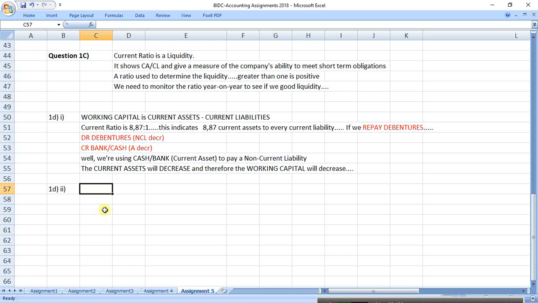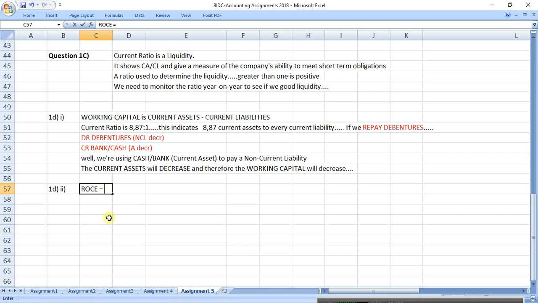Got that. Okay. Next bit of theory. Discuss the effect of this course of action on the return on capital employed. We need the formula for that. Can you pass me the textbook? Or you can look at your notes. The notes will have it, so that's fine. Return on capital employed: profit for the year before interest and tax, over capital employed, times 100.